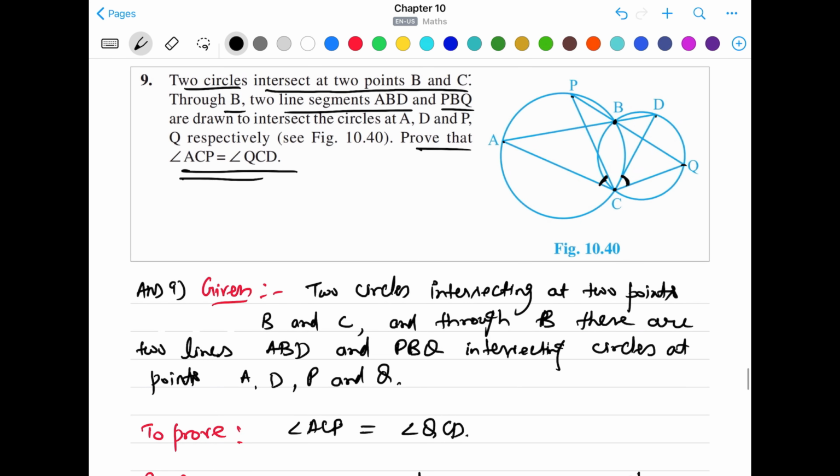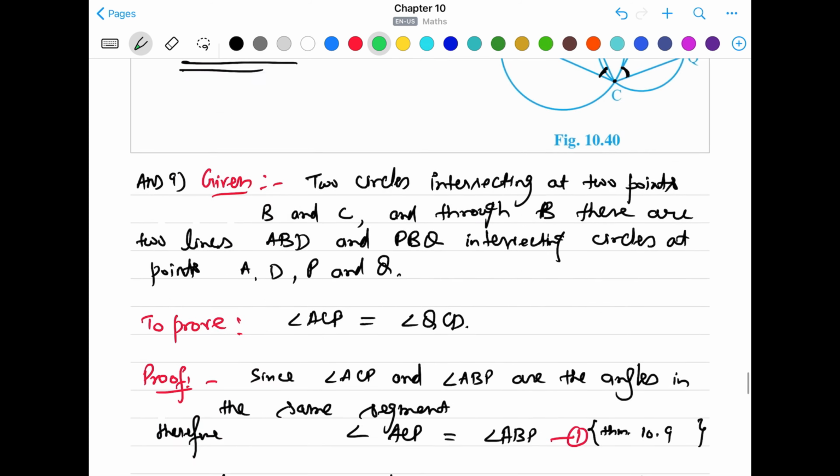Now in the figure, if you look at this here, these two lines are intersecting each other at point B and they are forming this pair of vertically opposite angles, and we know that when two lines intersect each other, each pair of vertically opposite angles is equal.